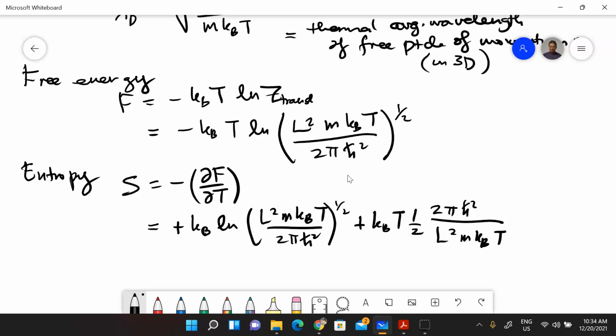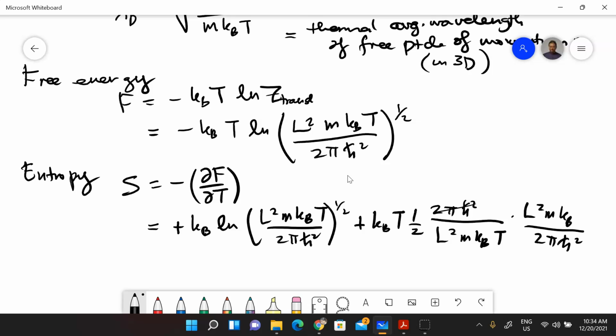And remember the argument is a linear function of T, so we need to differentiate that as well, like a chain rule. I'll get L squared m kB divided by 2 pi h bar squared.